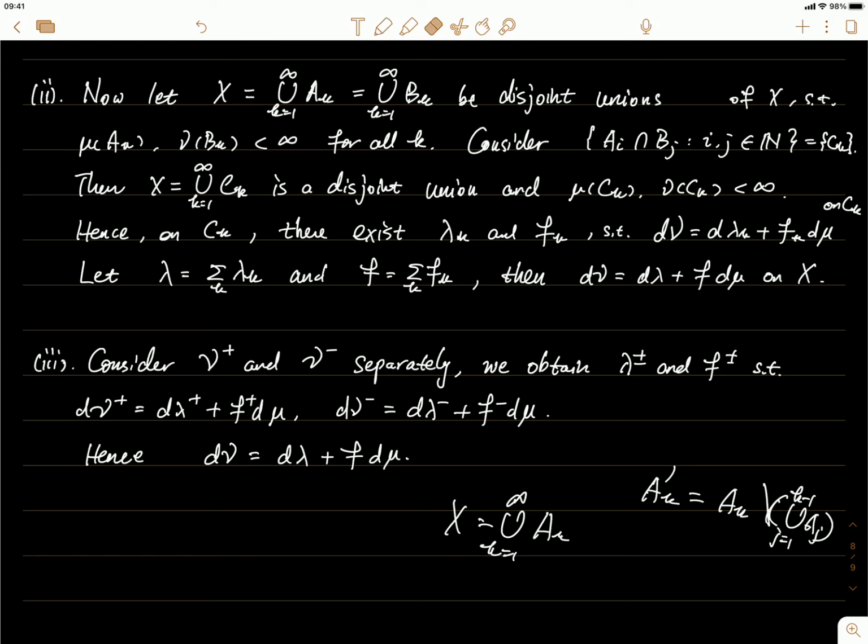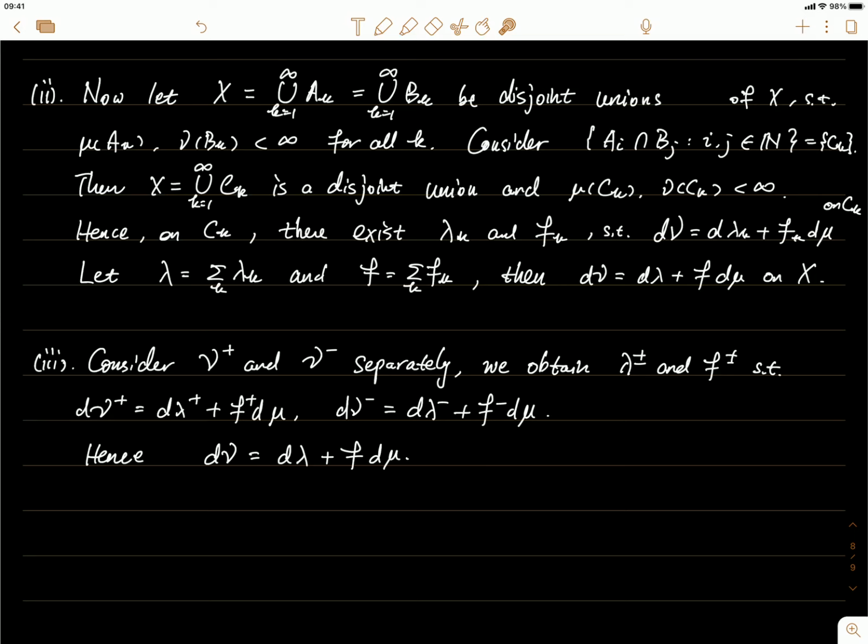So we can decompose X into such sets, and mu will be finite on each of these, and similarly, nu will be finite on each of these. So there are disjoint unions of X, and on each of these, we know that mu and nu are finite.